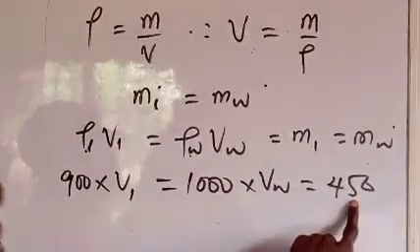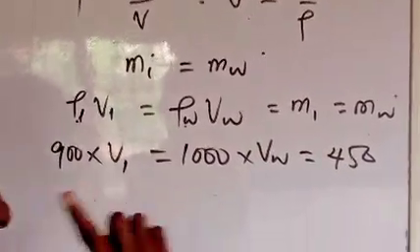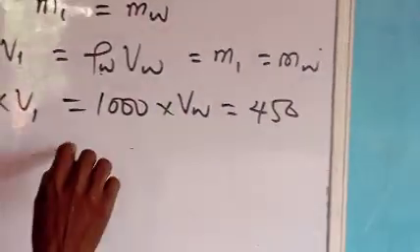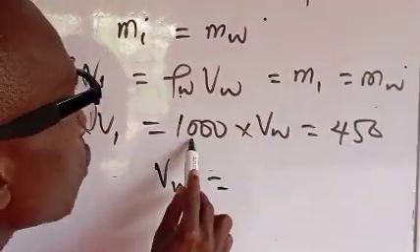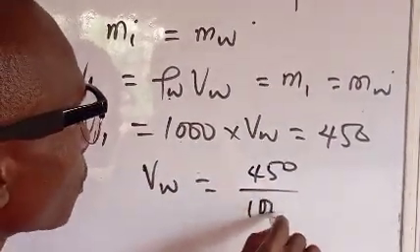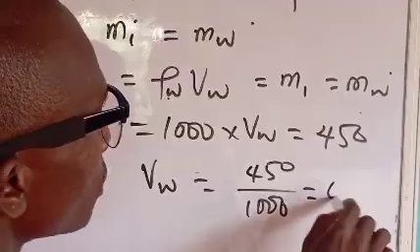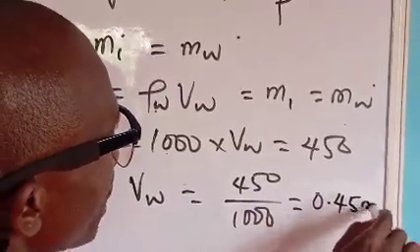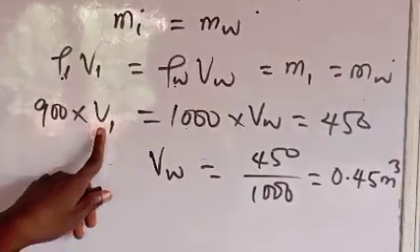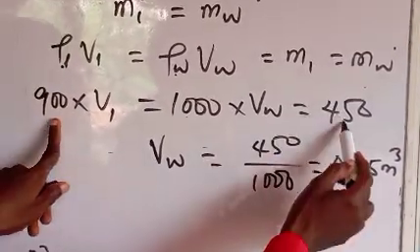Everything is equal to 450. From here, if I want to get the volume of water, I will use this 1000 to divide. It will be 450 divided by 1000, and that will be 0.45 meter cube.